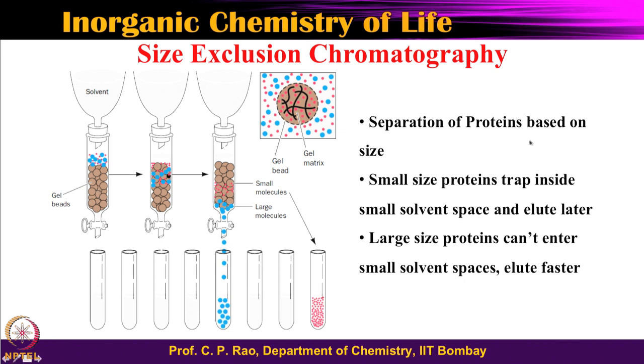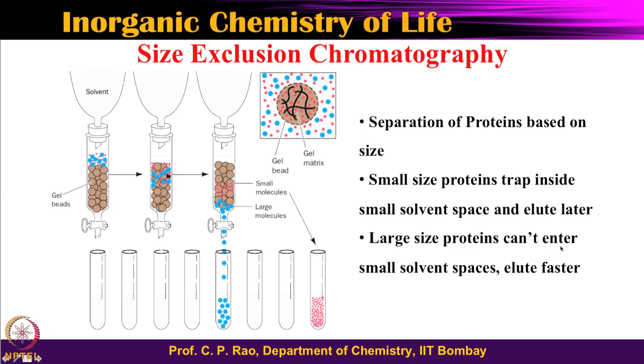Okay. So, separation of the proteins based on the size is called size exclusion chromatography. So, it is based on the size, and you exclude certain sizes, and certain sizes of proteins are captured. So, small size proteins get trapped inside, in the small solvent space, and elute later on.